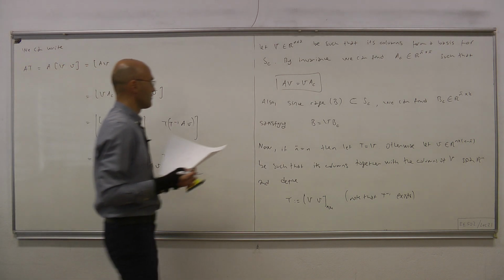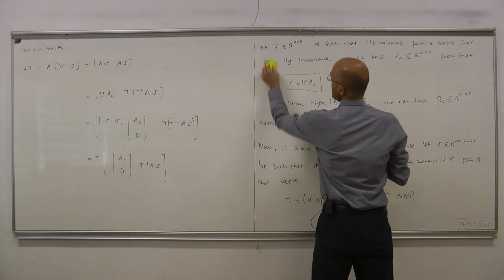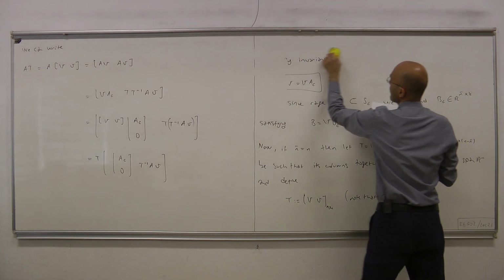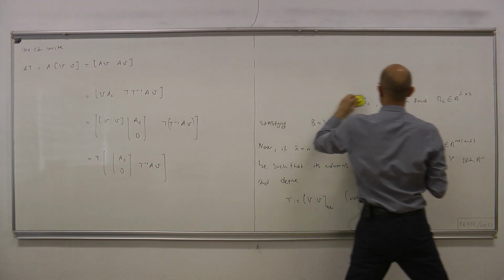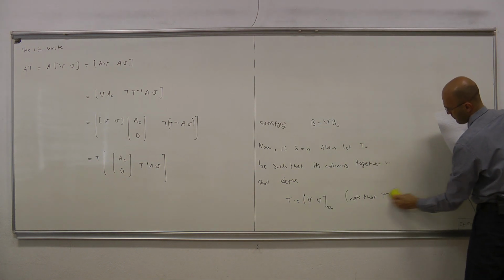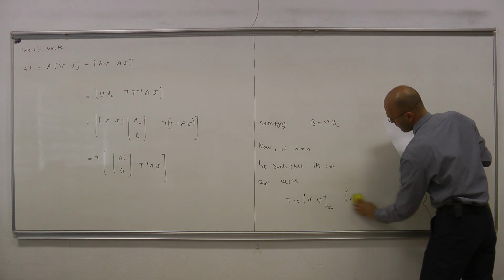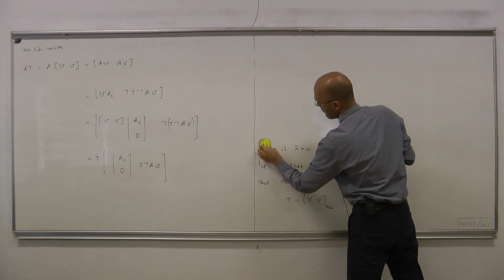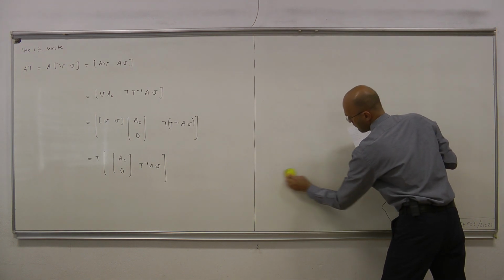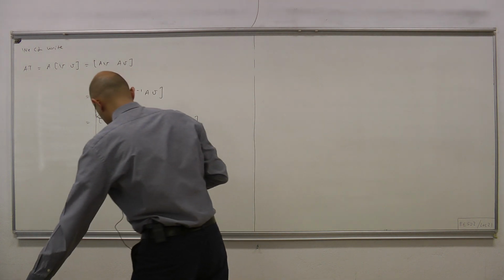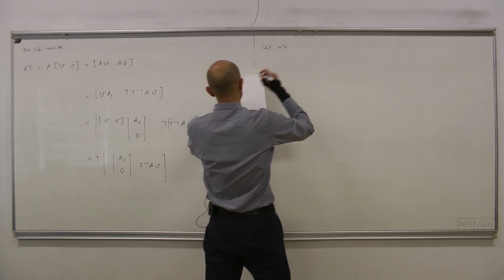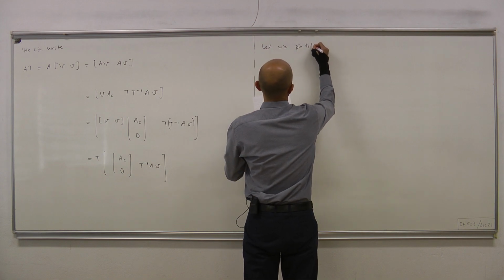Okay, now let's work a little bit on the T inverse AU term. So what we do is we partition that matrix as follows.